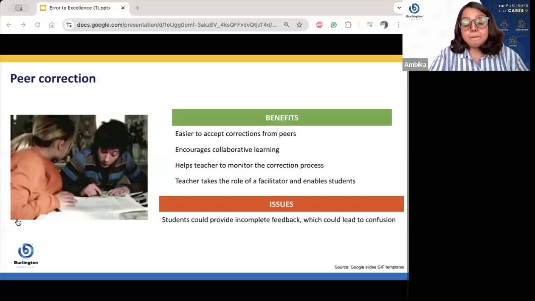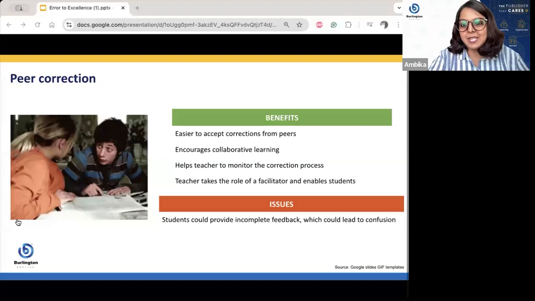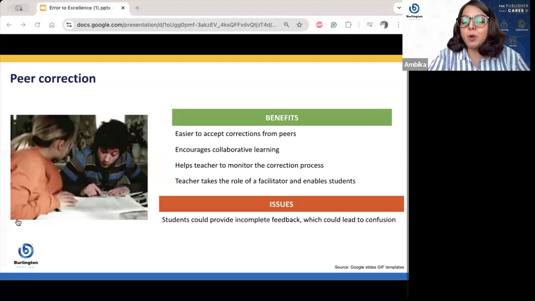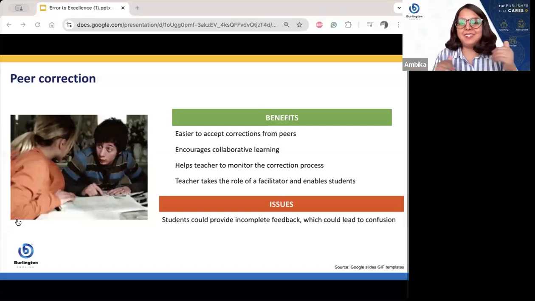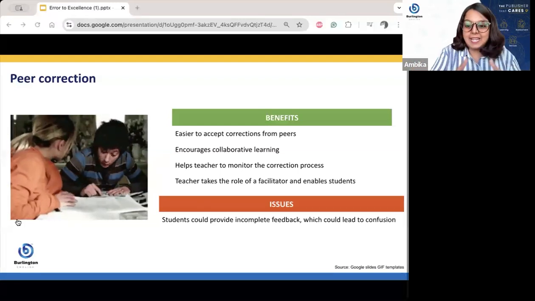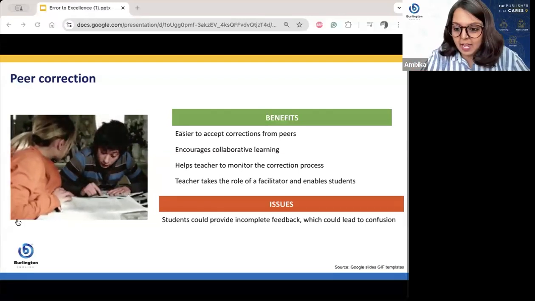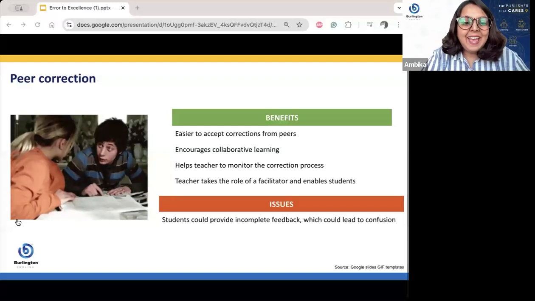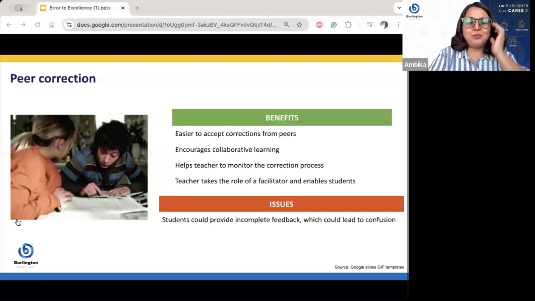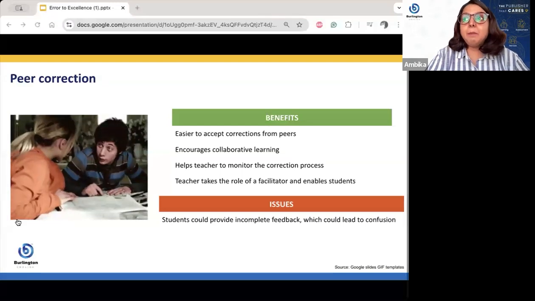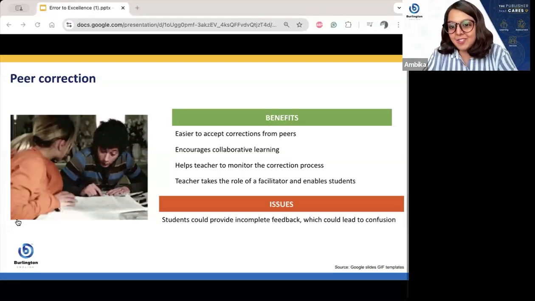I'm all for peer correction because it's a very good advantage for the teacher: the teacher gets to know who knows what, who's a strong learner, and who can lead. I definitely vouch for peer correction. The only small glitch I find is that some people want more than just the correction.